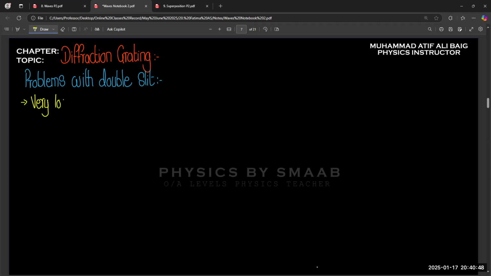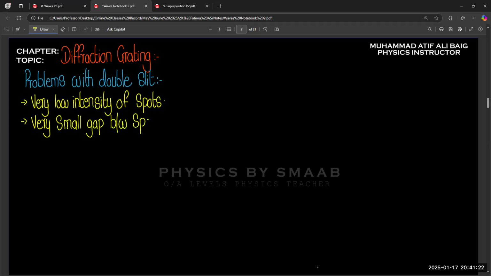Very low intensity of spots. Second, very small gap between spots.